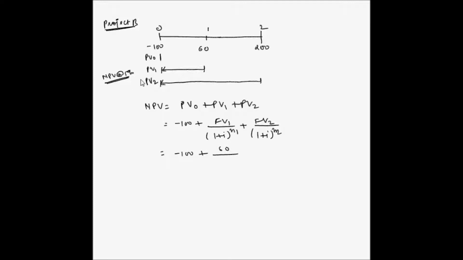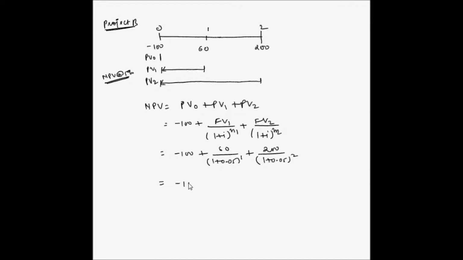I is 5%, so 5 divided by 100 is 0.05. So 1 plus 0.05. N1 is 1 because PV1 is being discounted for 1 year. Plus 200 divided by 1 plus 0.05 to the power 2, because PV2 is being discounted for 2 years.